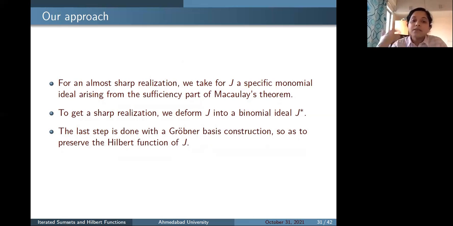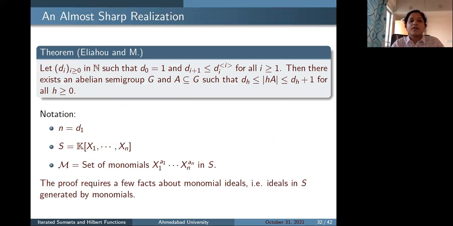And the last step will be done by using the concept of Grobner basis, as it preserves the Hilbert function of J. That's what an almost sharp realization says here.